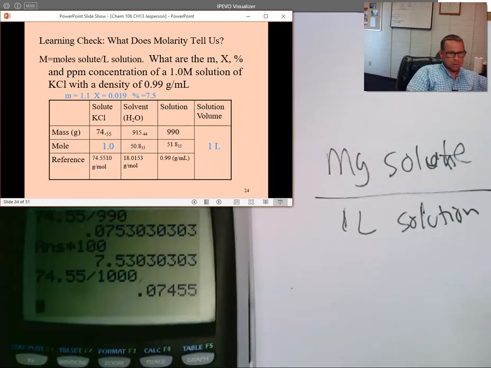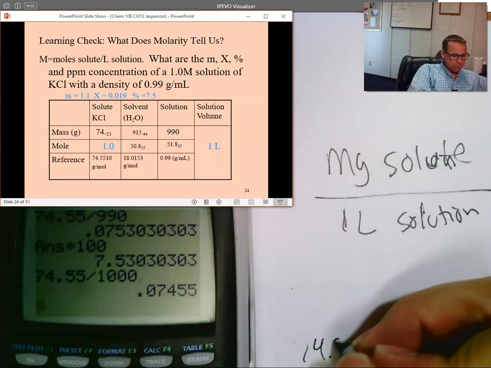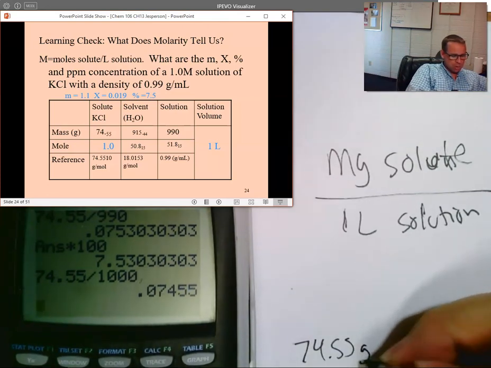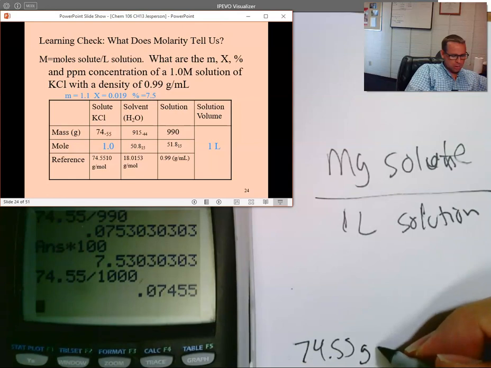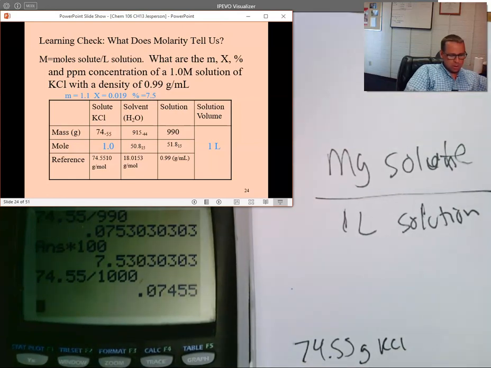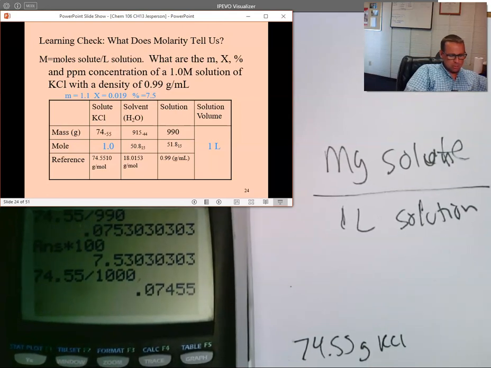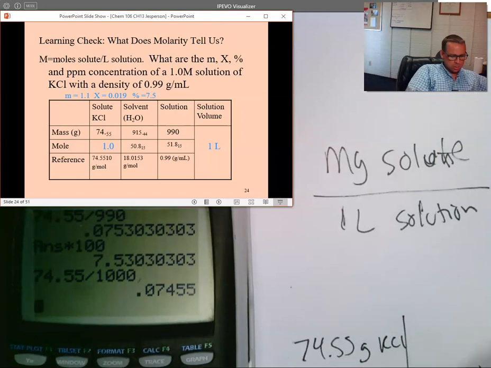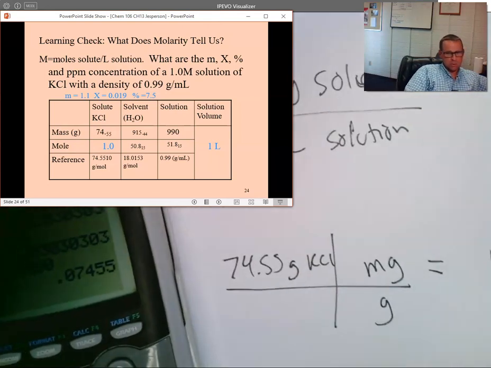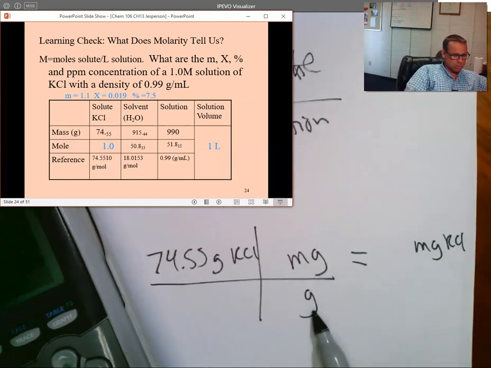Let's look real quick. If we have 74.55 grams of solute, which is KCl here, and we want to know how many milligrams of KCl, right? Grams goes down here. Milligrams goes down here.